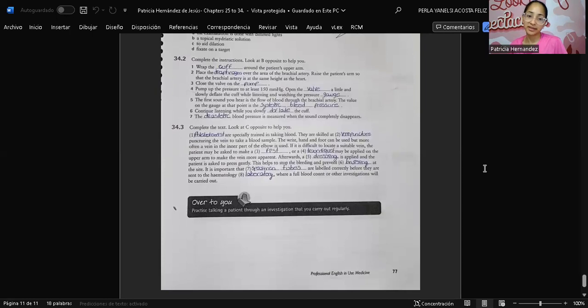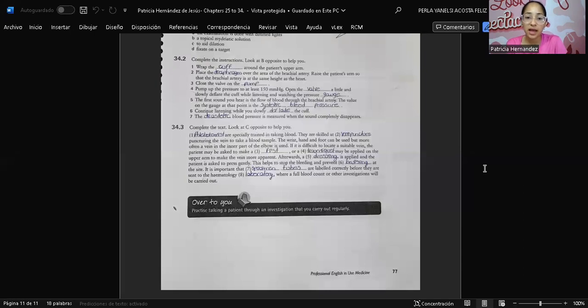34.3, complete the text. Look at C opposite to help you. Phlebotomists are especially trained in taking blood. They are skilled at puncturing the vein to take a blood sample.